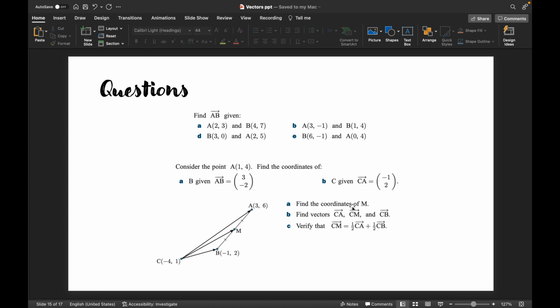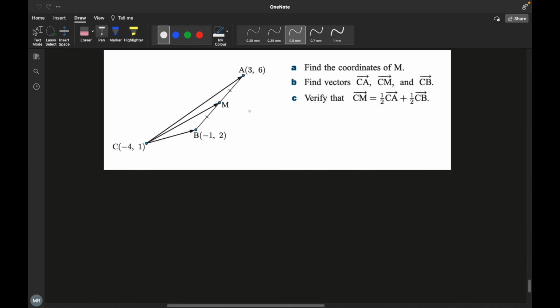So if we want to find the coordinate of M, we have to do 3 minus 1 divided by 2. So that's going to be 2 divided by 2, which is essentially 1. And let's do the same for this. It's going to be 6 plus 2 divided by 2, which is 4. So the coordinate of M is (1, 4).